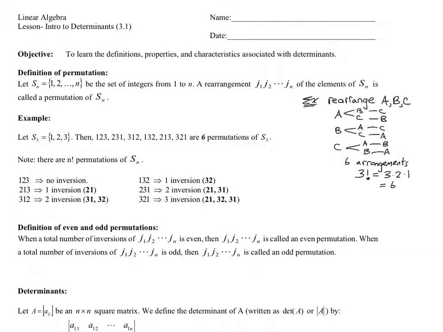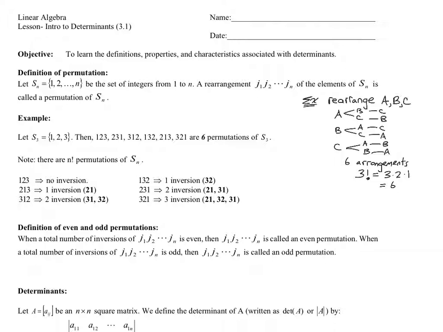All right. So in this case, my example is I have a 3 by 3 square matrix. I didn't include that context because all I care about is the number of columns. I have 3 columns. The numbers 1, 2, and 3, just like A, B, and C, could be rearranged a total of 6 times.